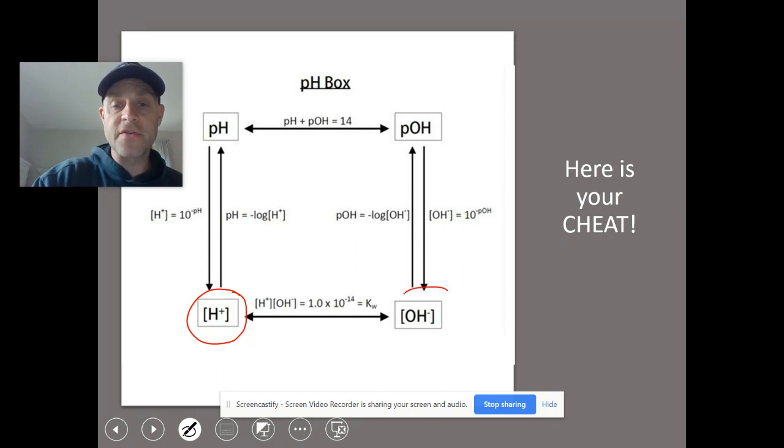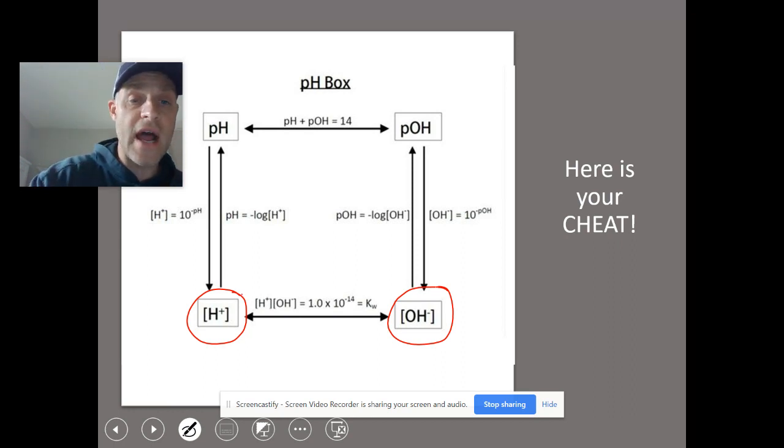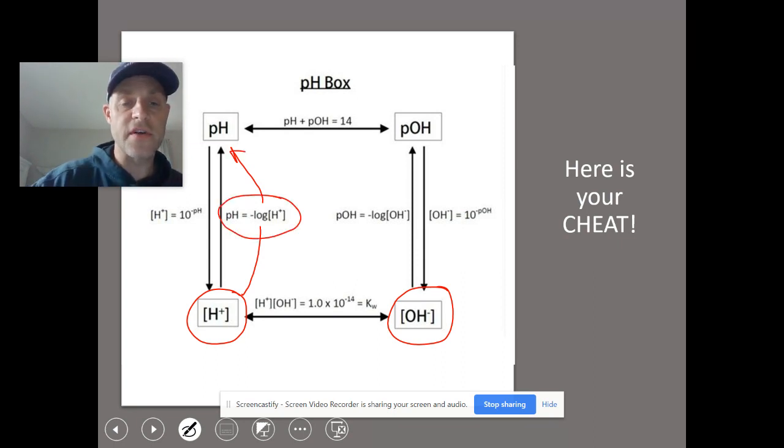If I have the concentration of OH minus ions, that's a measurement of bases. And so yesterday we talked about if I have the concentration of those and I want to solve for pH, I could go to pH and use this equation. pH equals the negative log of the concentration of H plus, and it gave me the pH. We did that yesterday.